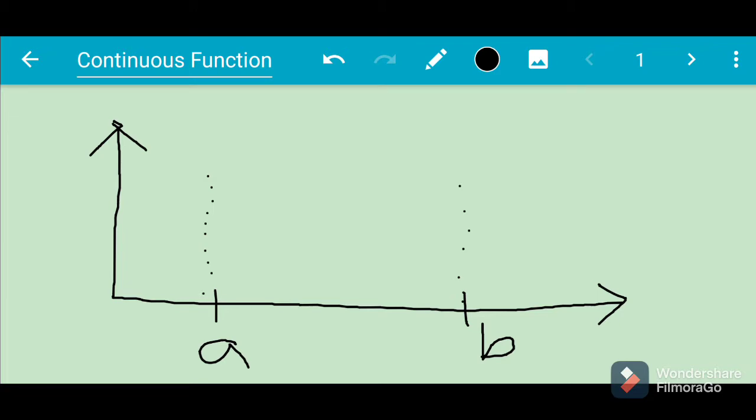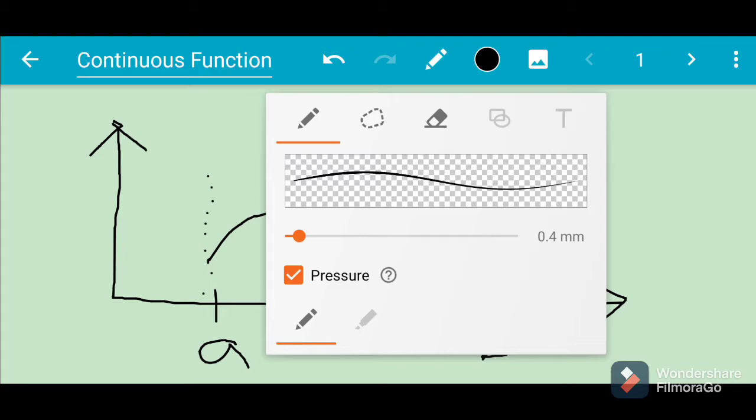Now if the function from a to b is like this, continuous without any break, then the function is said to be continuous.